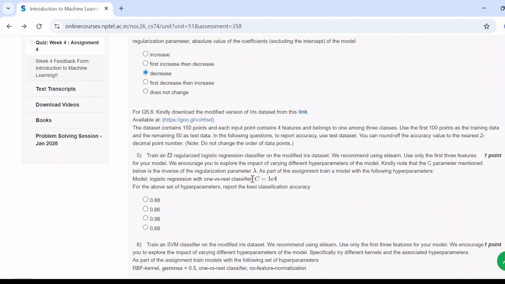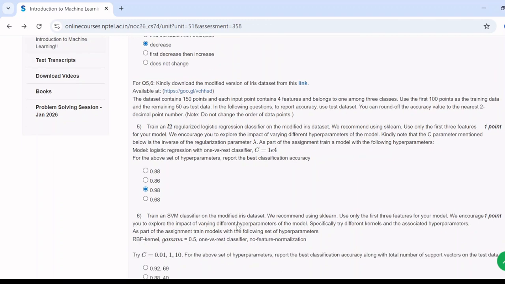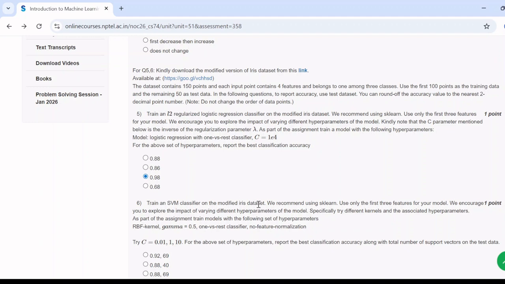If you have a large C value, there will be no regularization at all, which means the model fits strongly. If the model fits strongly, we'll have very high accuracy. So out of these values, we can select the one which has the maximum, 0.98. So the accuracy will be 0.98.